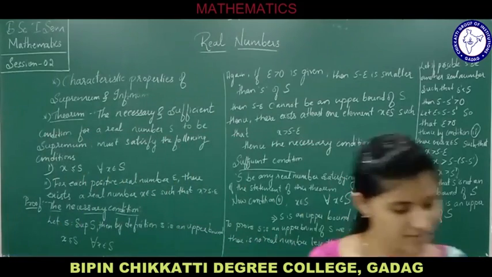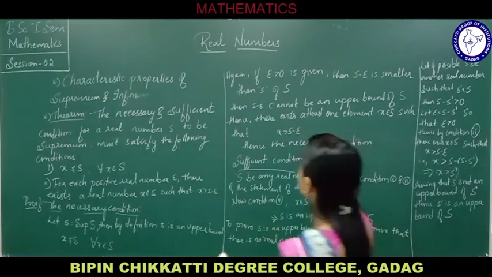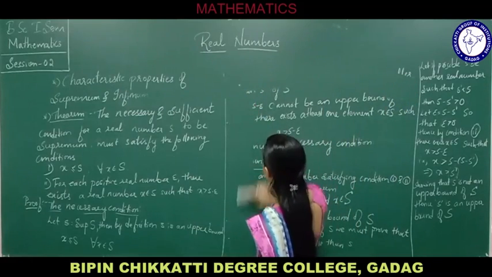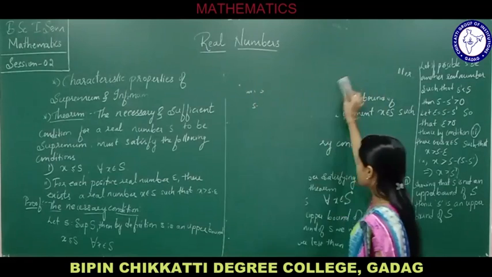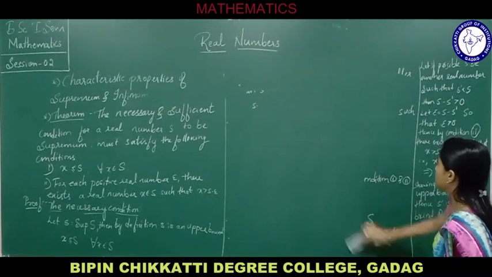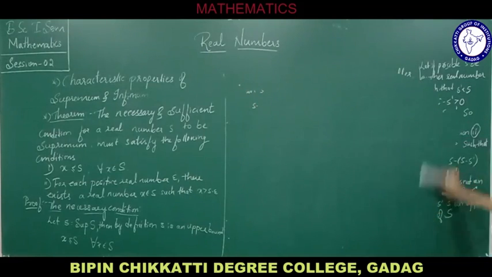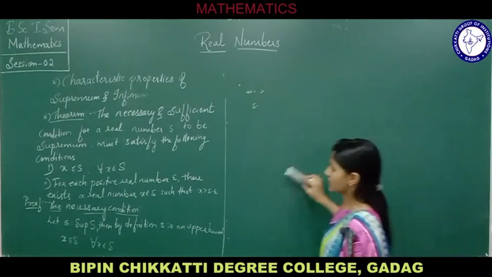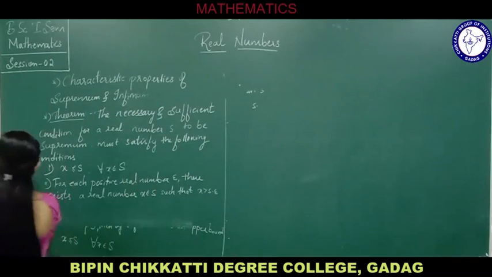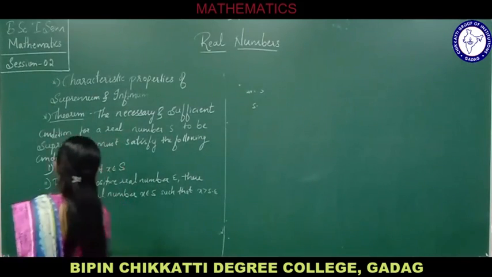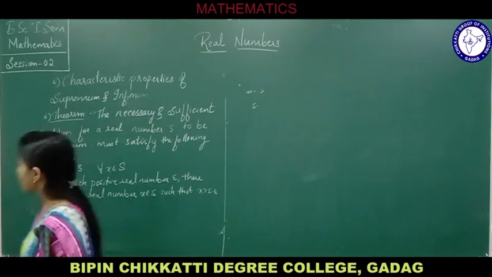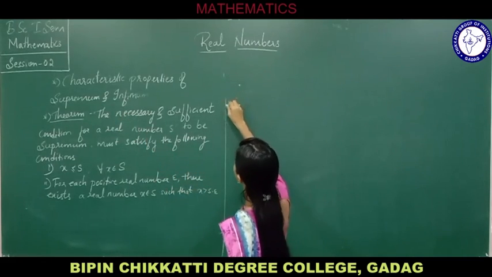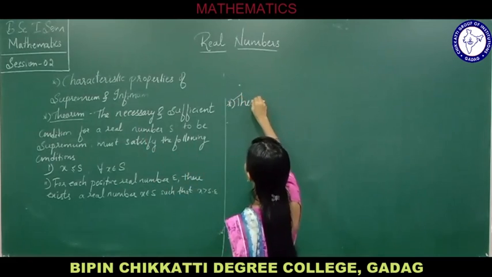I'll keep this definition of supremum the same. We are just going to compare what it states for the infimum also. What is the condition for the infimum? This is for the supremum. Now let us see what will be the theorem for the infimum.